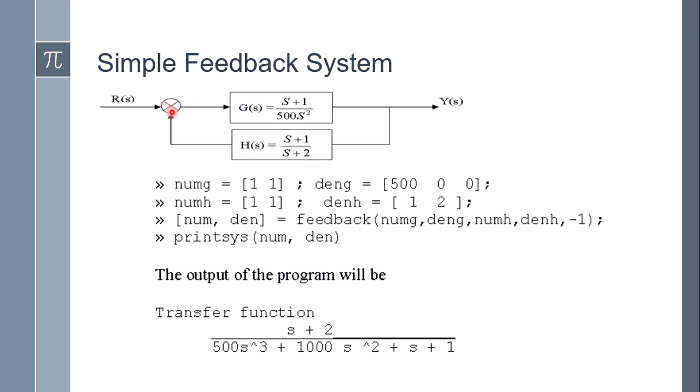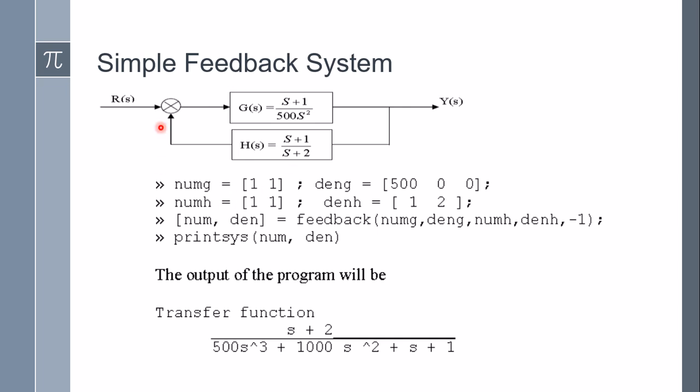Suppose both are connected to positive, then it is represented as a positive feedback system. In the positive feedback system, the output of the summing amplifier will be R of S plus the output of the feedback network. If it is a negative feedback system, where R of S is connected to positive and the feedback signal is connected to negative, then I will get R of S minus the feedback signal.